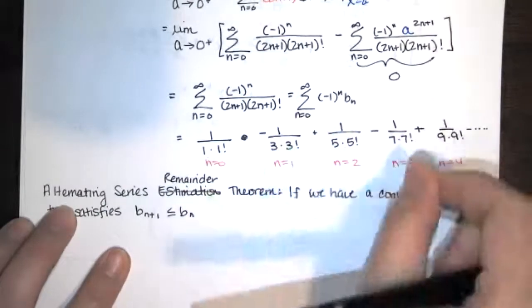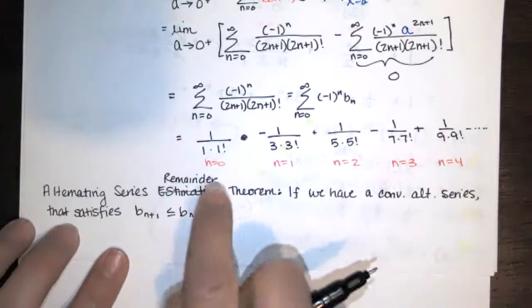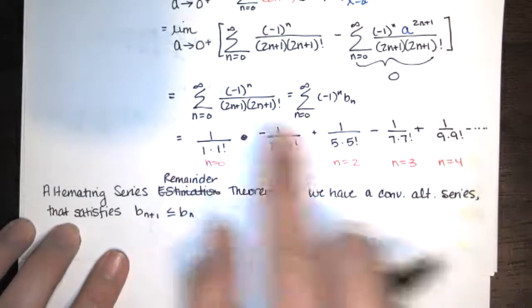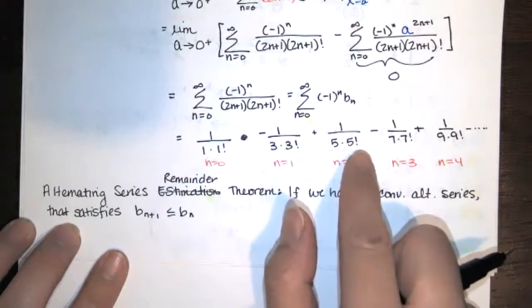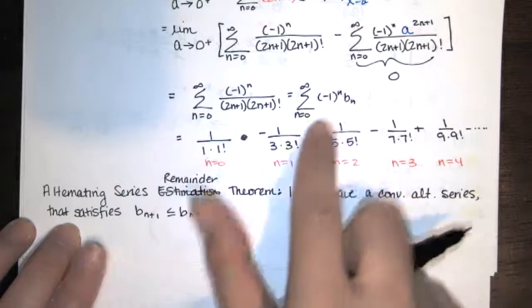So whatever it is we're adding or subtracting next is always smaller than the number that we were adding or subtracting before. So this 1 over 3 times 3 factorial is smaller than this guy. And this 1 over 5 times 5 factorial is smaller than 1 over 3 times 3 factorial. And this one is always smaller than that.